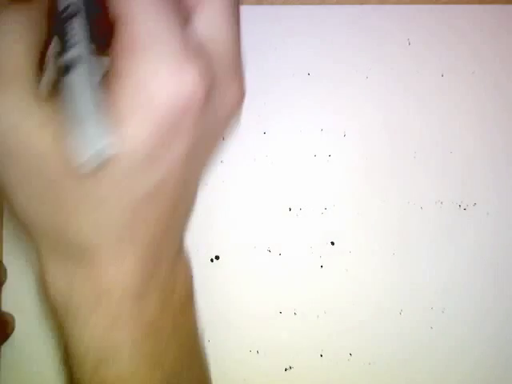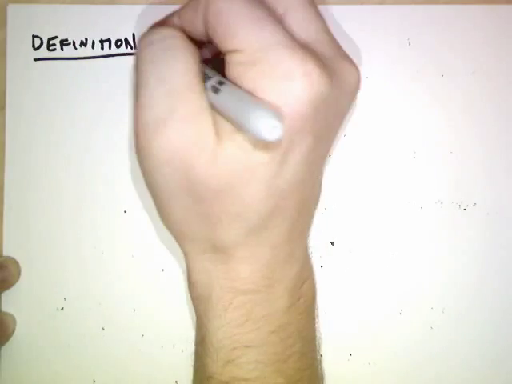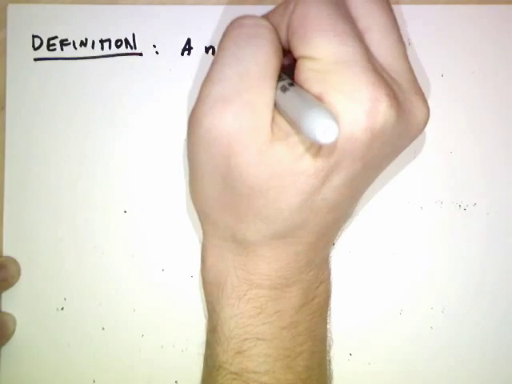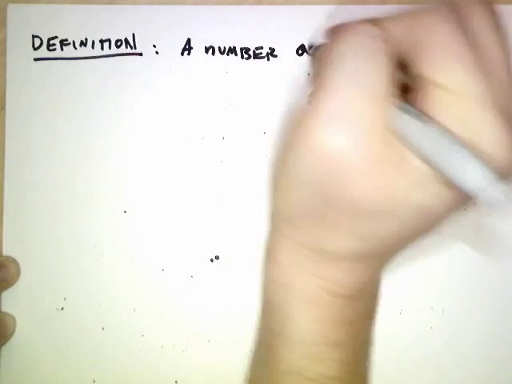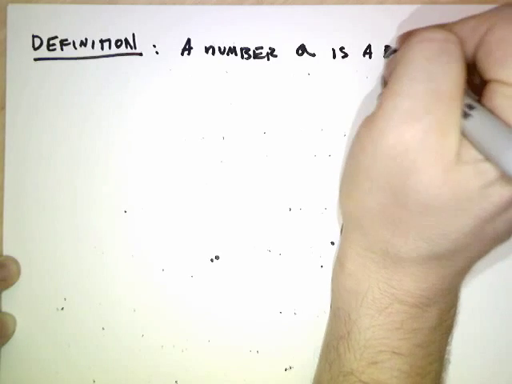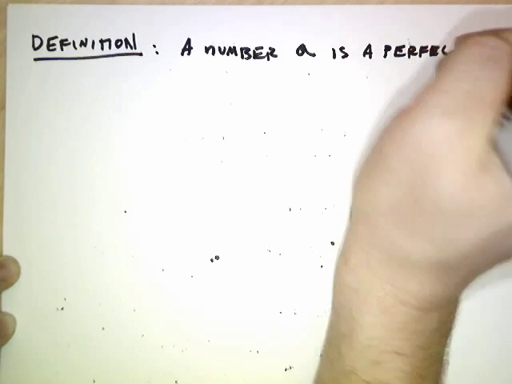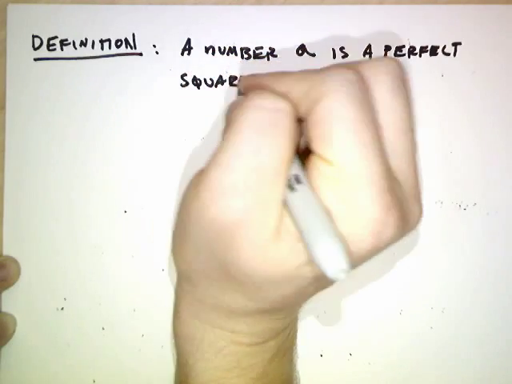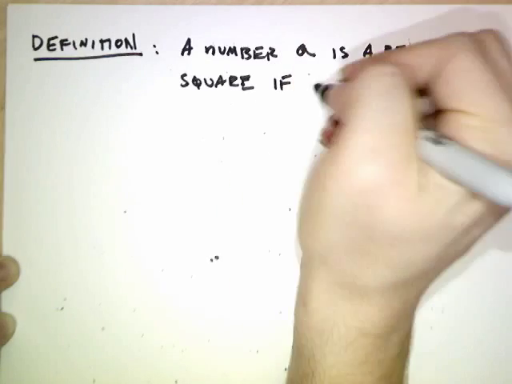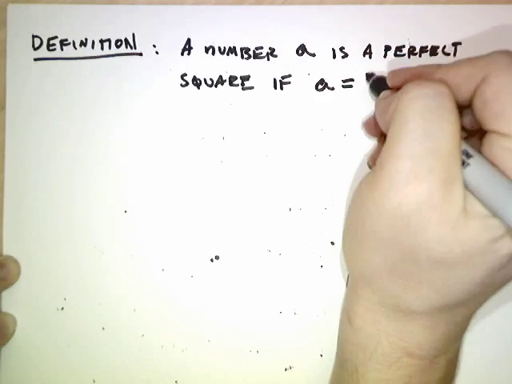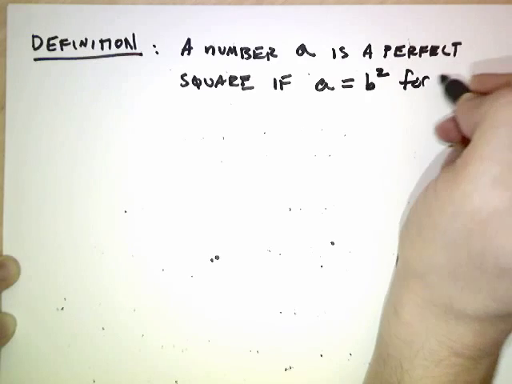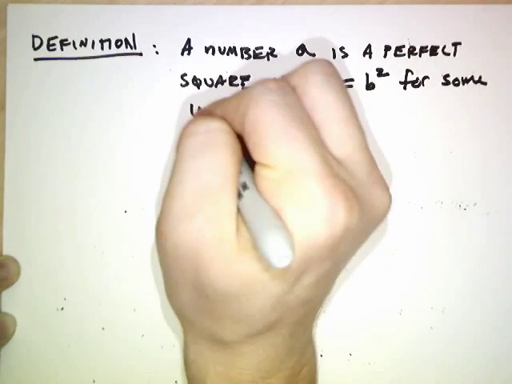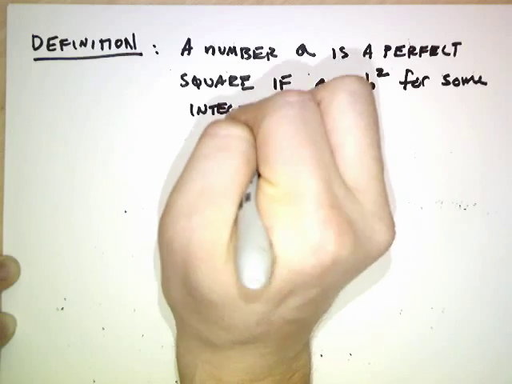Let's do another example. Again, I'm going to begin with a definition. We're going to say that a number a is a perfect square if a equals b squared for some integer b.